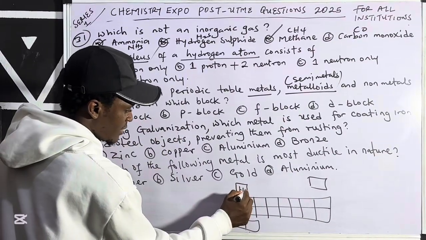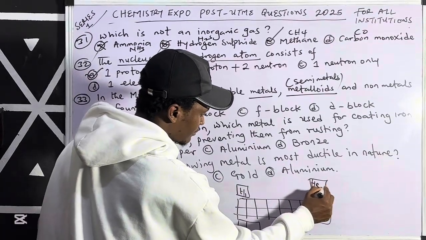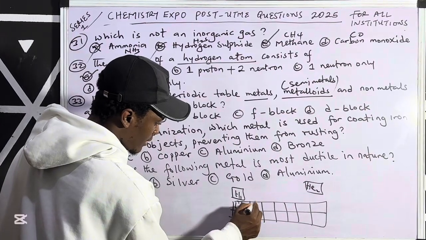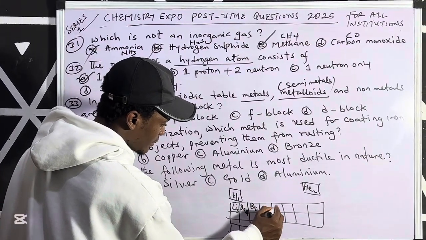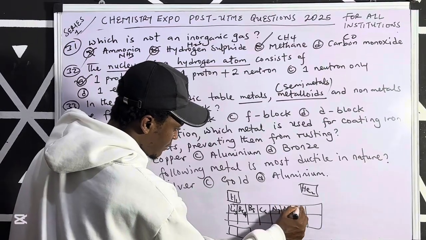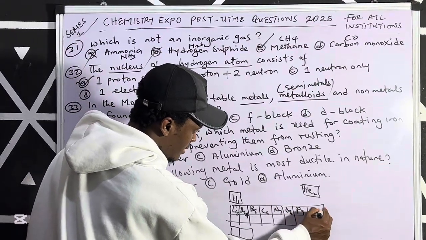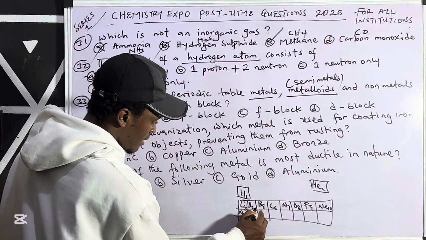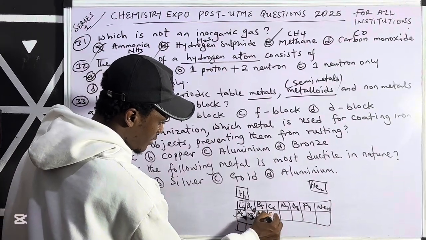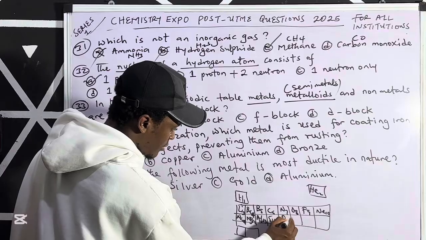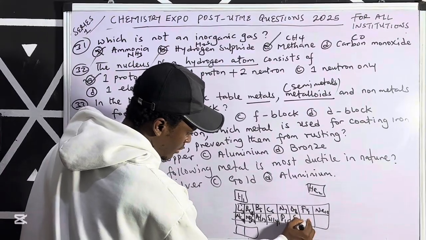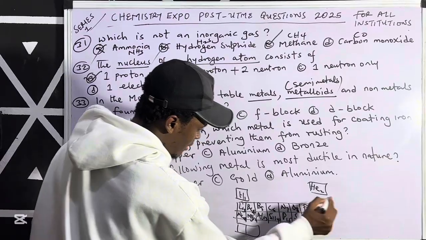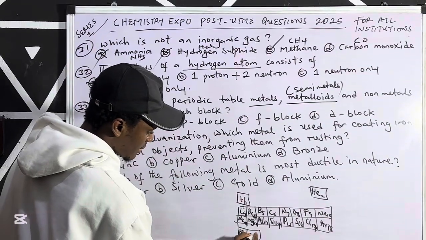Now, this is hydrogen, helium, then lithium, beryllium, then boron, carbon, nitrogen, oxygen, fluorine, neon, then sodium, magnesium, aluminium, silicon, phosphorus, sulfur, chlorine, argon, then potassium and calcium.